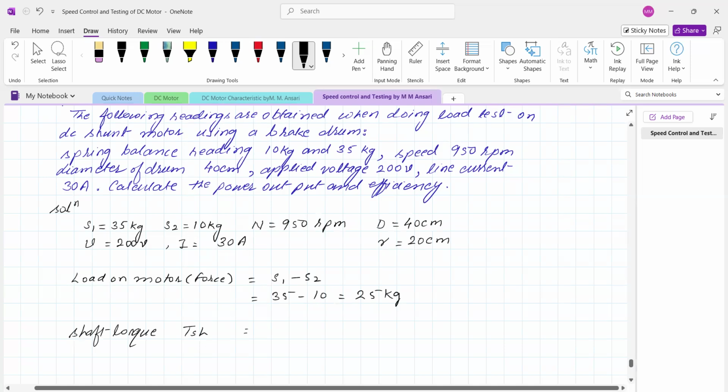TSH equals force multiplied by radius. Now the force is in kg, so first we will write 25 multiplied by radius, which is 20 into 10 raised to minus 2, converted into meter. So it is in kg meter.